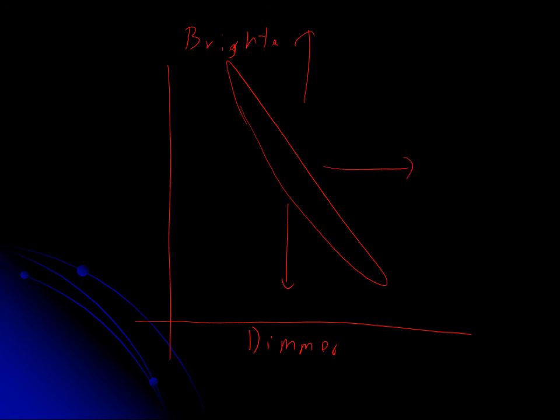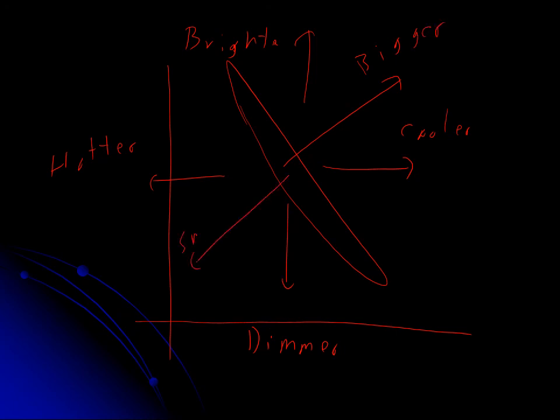Towards the right is cooler. Towards the left is hotter. Towards the upper right is bigger. Towards the lower left is smaller. Towards the upper left is heavier, so that's more mass. Towards the lower right is lighter, so that means less mass.